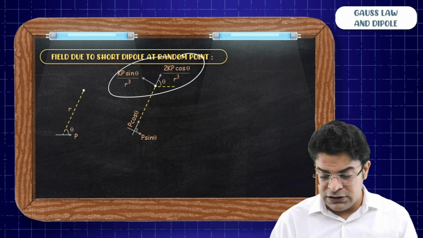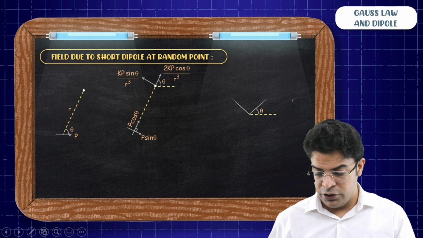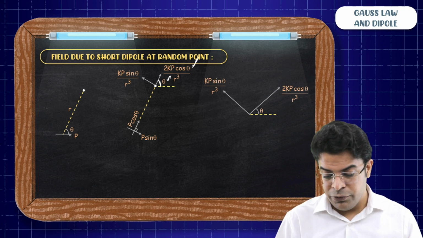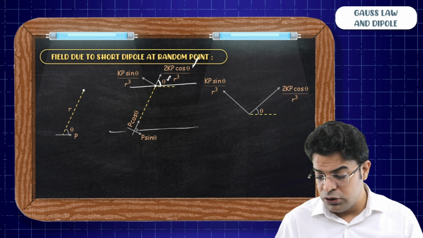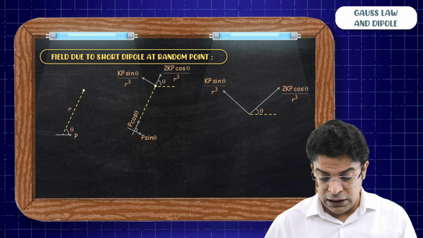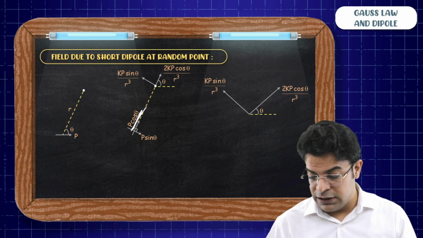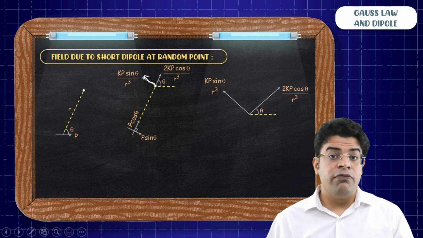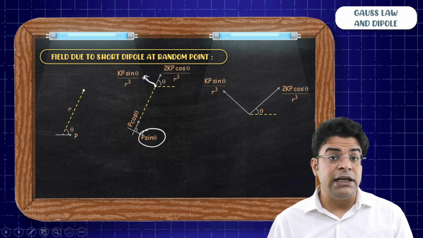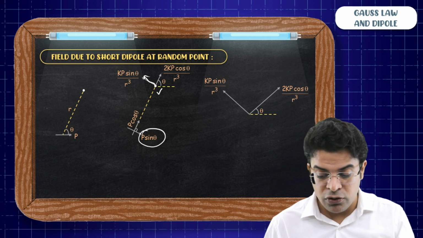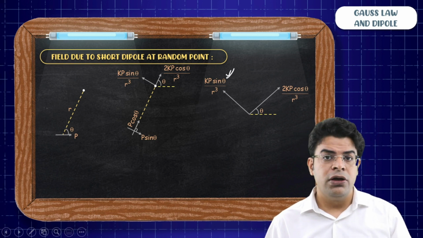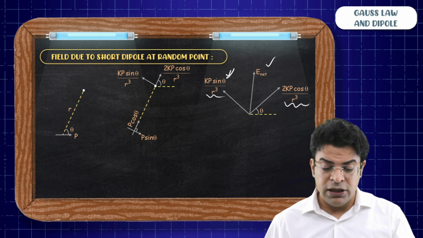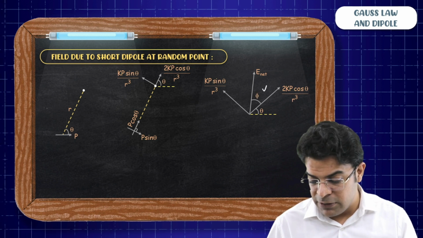The electric field making an angle theta with the direction parallel to the dipole moment, due to the component P cos theta, is 2kp cos theta by r cube, while the electric field due to the component P sin theta, for which this point is equatorial, is kp sin theta by r cube. The resultant of these two gives the net electric field, and let's say this net electric field makes some angle phi.